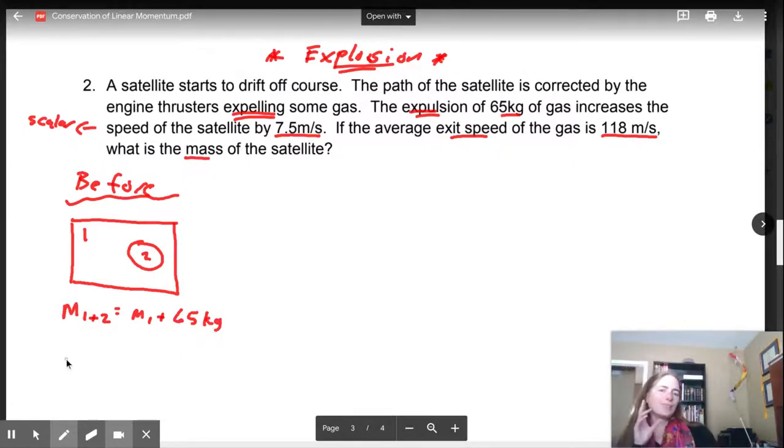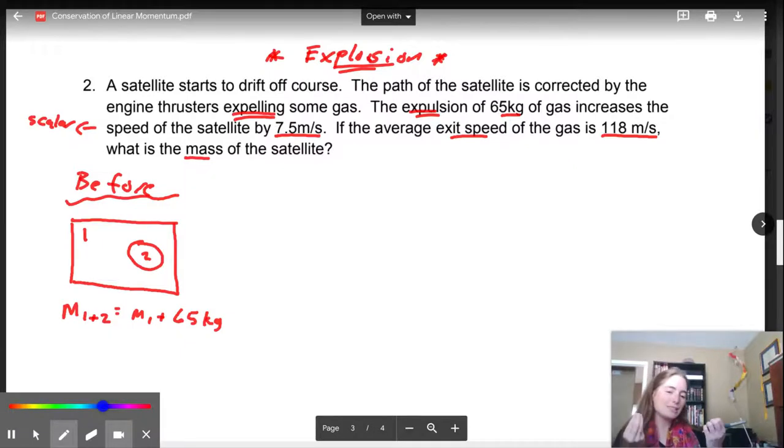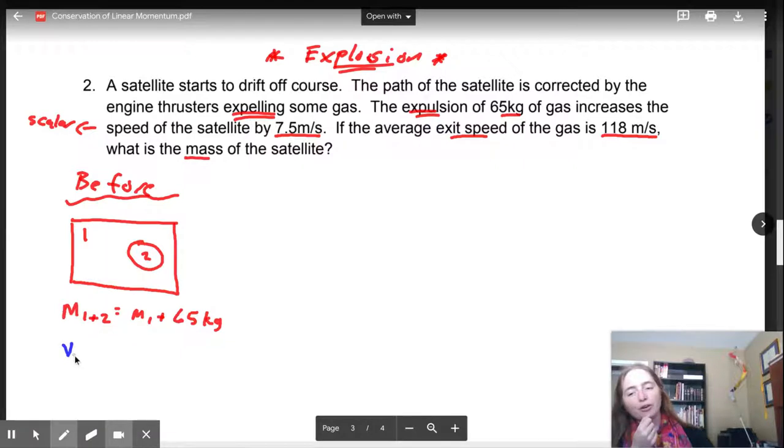Well, this is the key piece here. I'm going to write this in blue to emphasize how significant this part is, because this is what is unique to your explosion scenarios. In an explosion scenario, your V1, I'm going to call this V1 plus 2, because both objects are together. We are going to assume 0 here. Because we're talking relative, the gas and the satellite relative to each other is going to be 0.